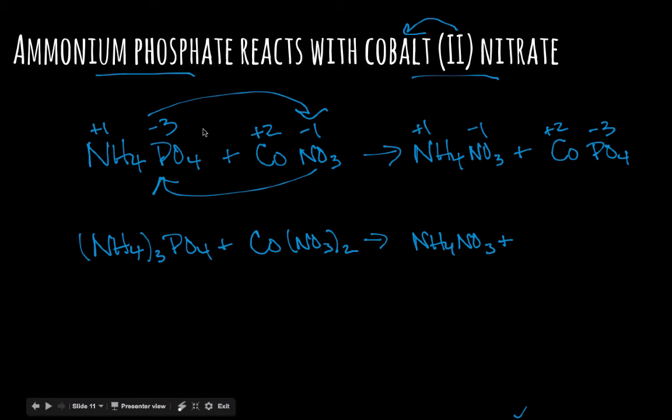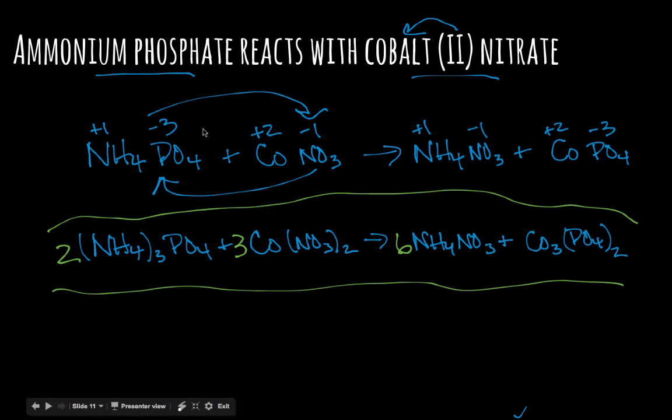So then I have Co3(PO4)2. Last step is to balance. So I would need a 2 here, 3 here, and then a 6 here. And then the cobalt phosphate just gets a 1. So final balanced equation for double replacement.